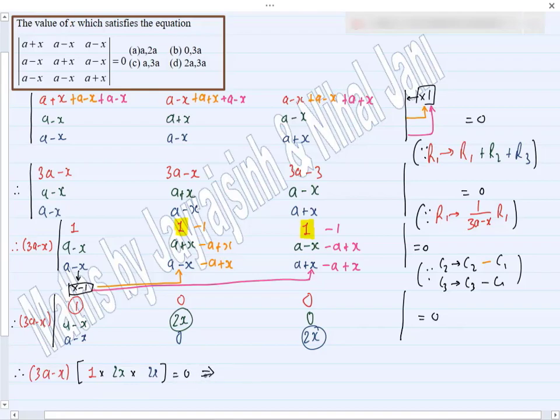So this will give us different factors. A minus x is equal to 0 and 4x square is equal to 0, which suggests that the value of x must be a or 0. So tada! Option D is your final answer.